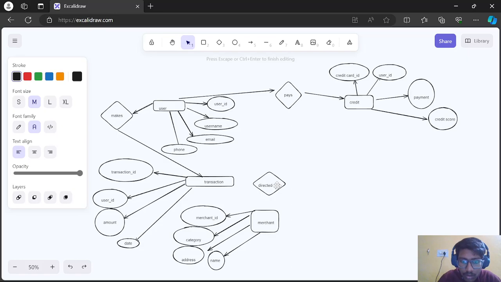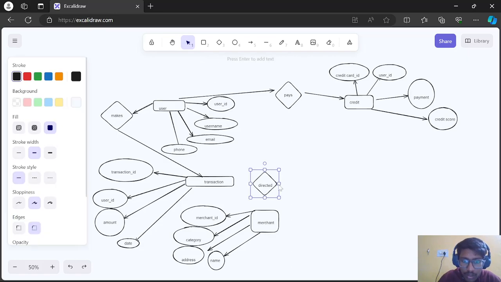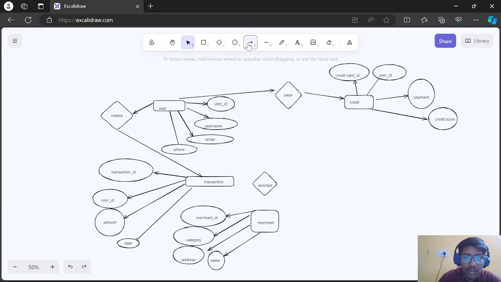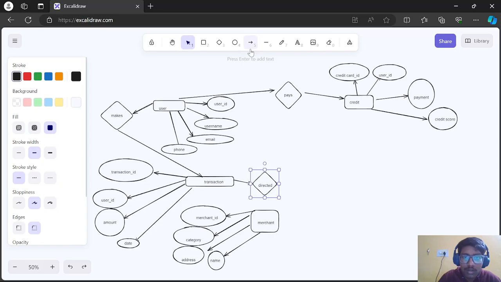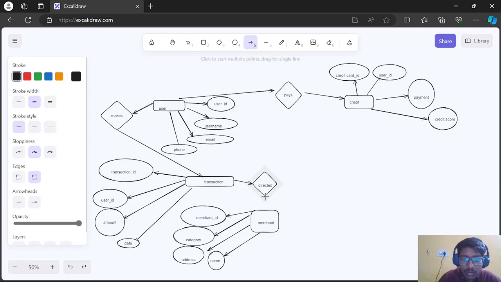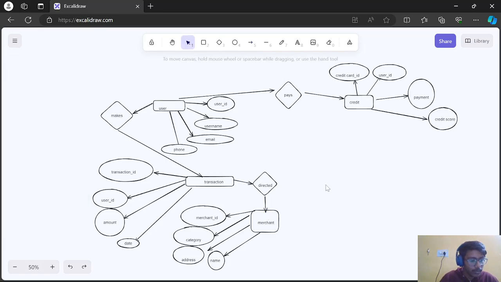So a transaction is directed towards the merchant. Yeah, and then we have completed four entities.